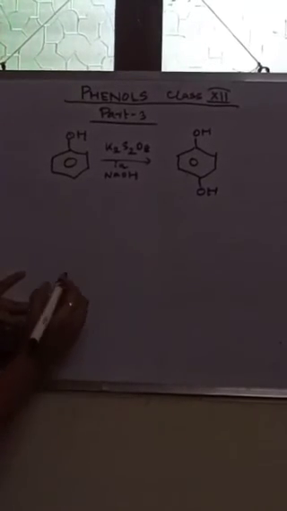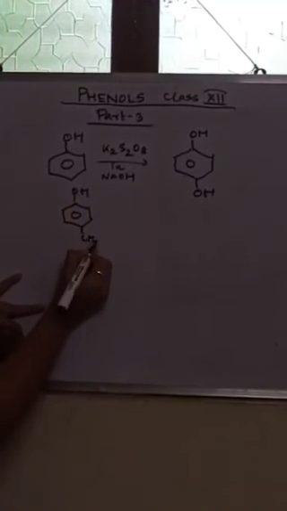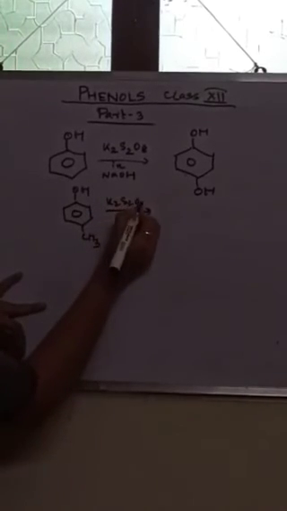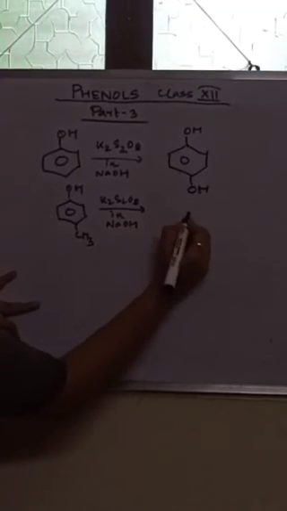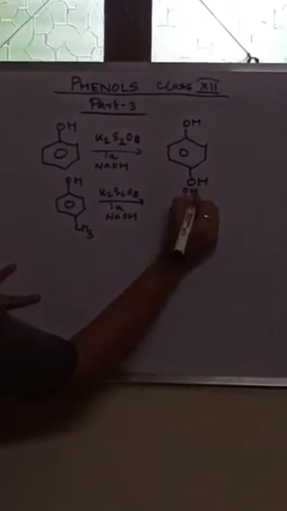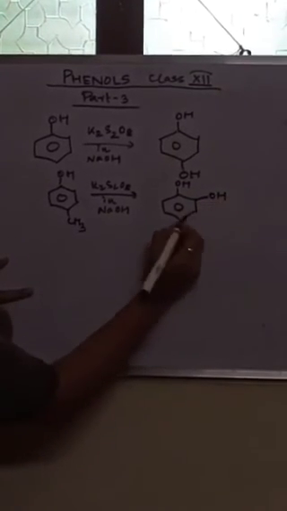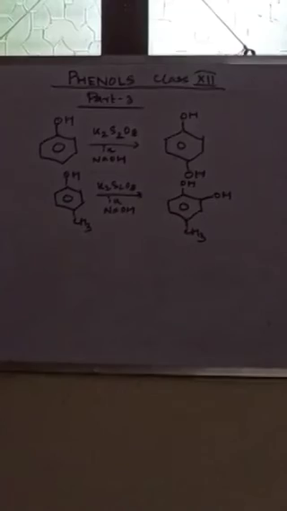But sometimes the para position is occupied, for example in paracresol, here the para position is already occupied. In that case, when oxidation is done, the new OH group will preferentially enter into the ortho position. These are the three oxidation reactions.